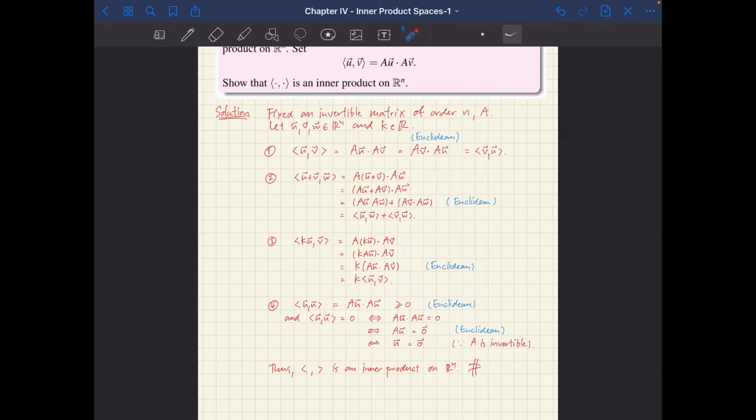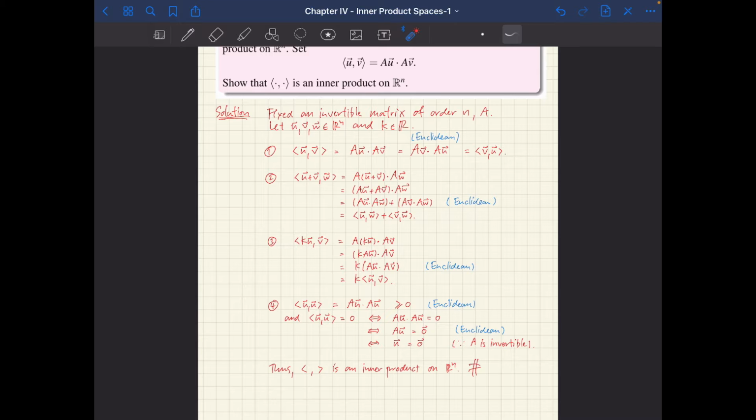So number 1, number 2, number 3 are easy. And for number 4, part 1, you can see that the inner product of u and u is Au dot Au, which is greater than or equal to 0, because we already showed that the dot product is the inner product.